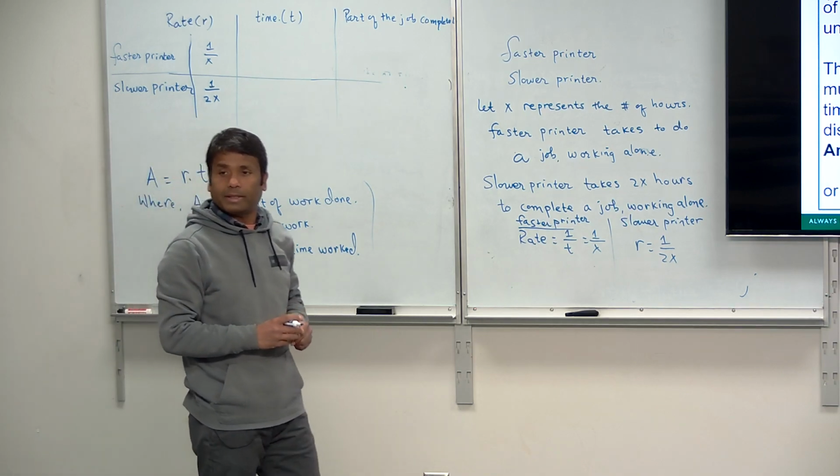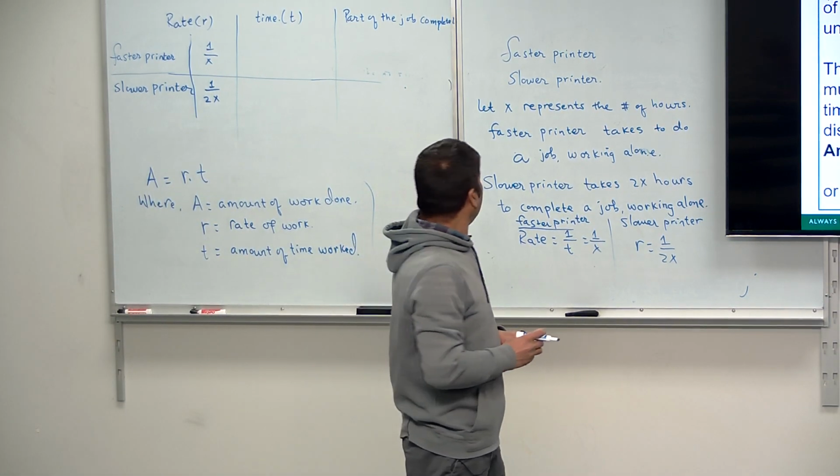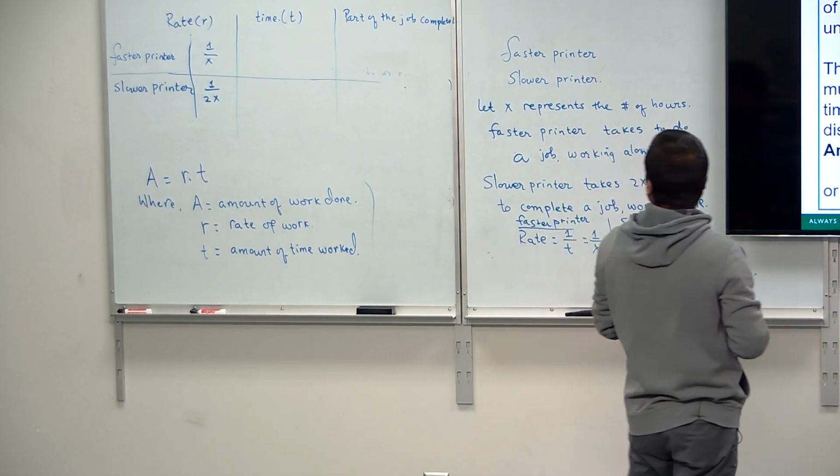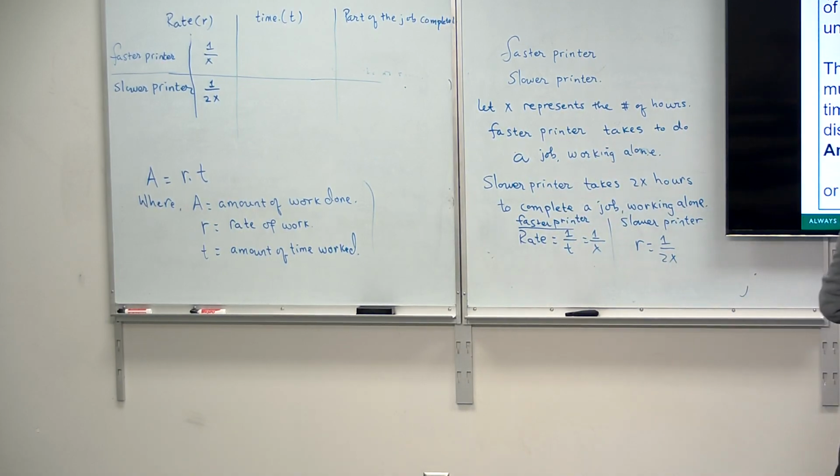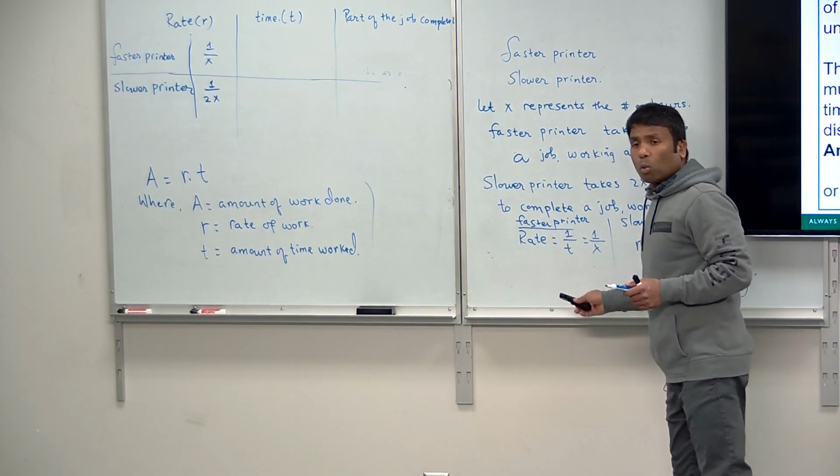Did that make sense here? So what is the amount of time worked for the faster printer? If you remember in the question, they worked for 2 hours.